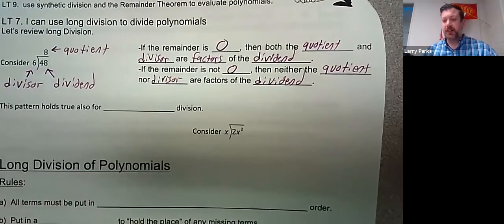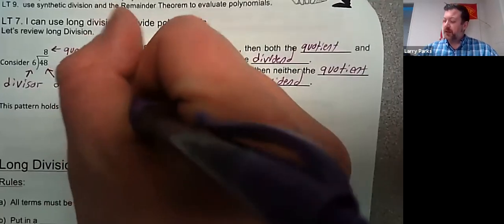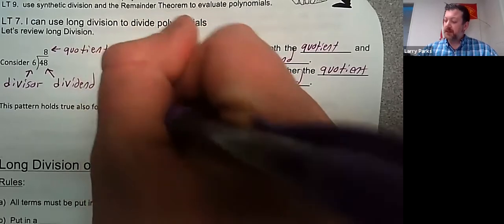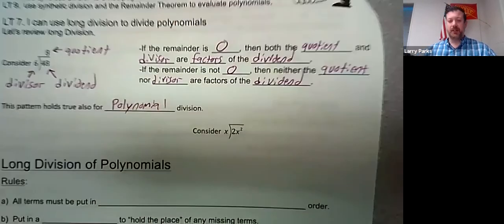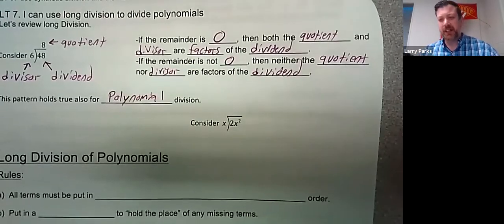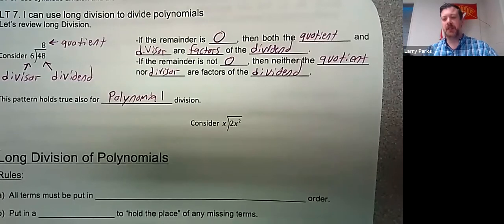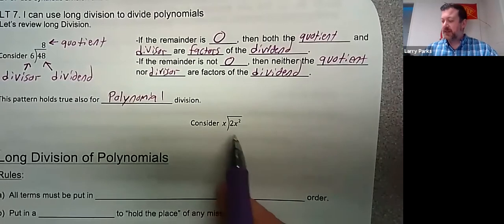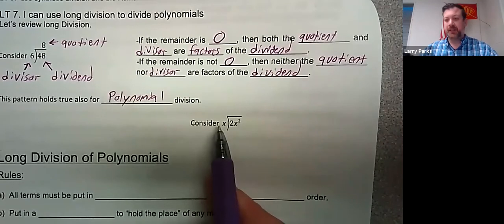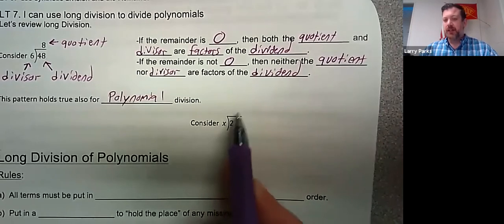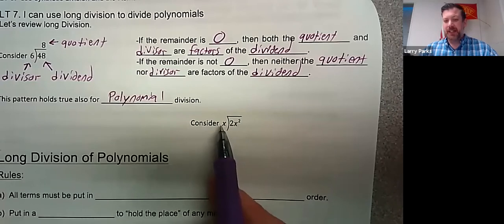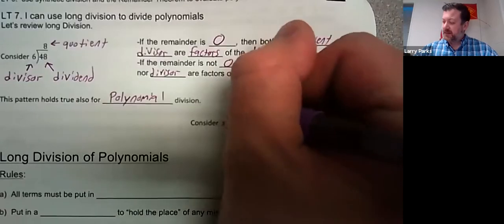Now, this pattern holds true for polynomial division. Let's do a very, very, very easy polynomial division. So this is my dividend, my divisor. What's the quotient? So I'm going to say x times what is 2x squared. Well, x times what is 2x squared would be 2x.